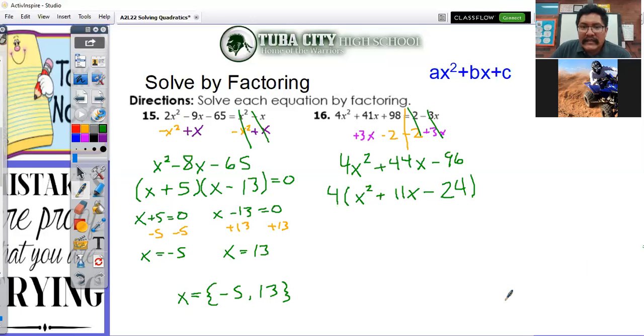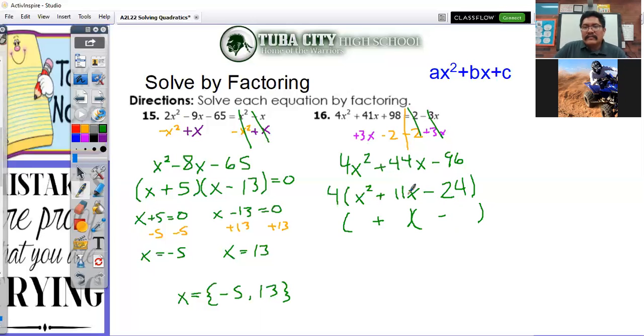So let's go ahead and do the LOIF method with this. And I need two numbers that multiply to 24. And one is going to be positive and the other is going to be negative because I need this to multiply out to negative 24.